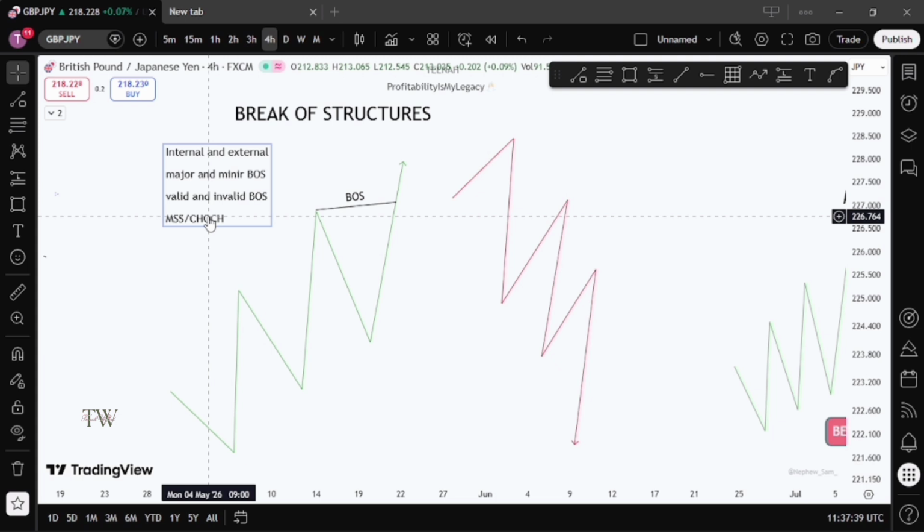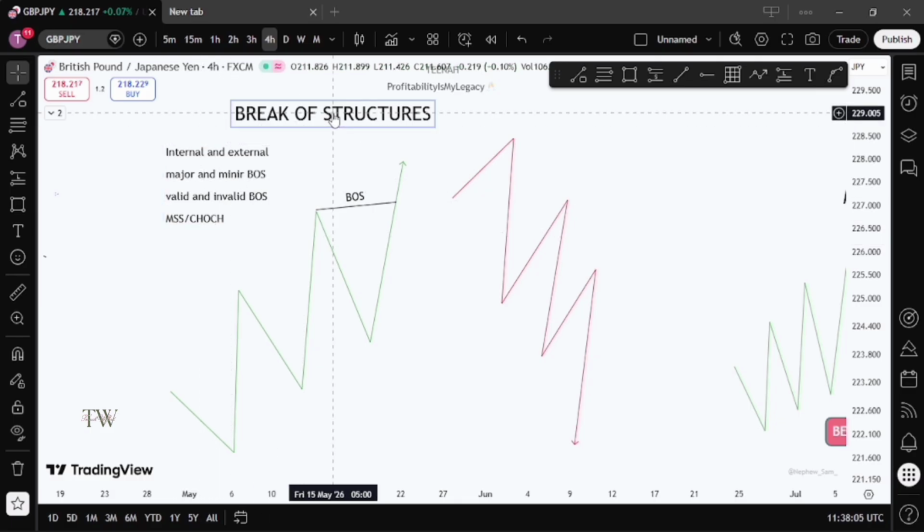Now the truth is that there are actually similarities. A lot of people tend to mistake this market structure shift for break of structure. So before we even talk about the change of character, which is actually the same thing as market structure shift, I want us to actually compare the market structure shift with break of structure.